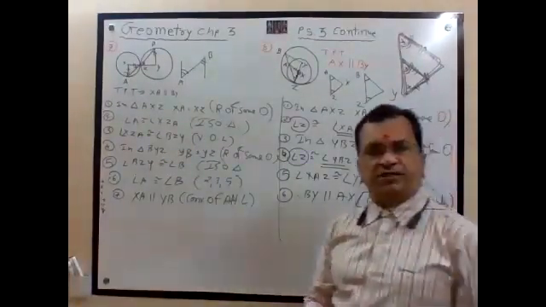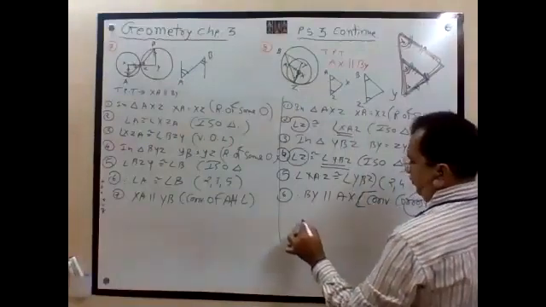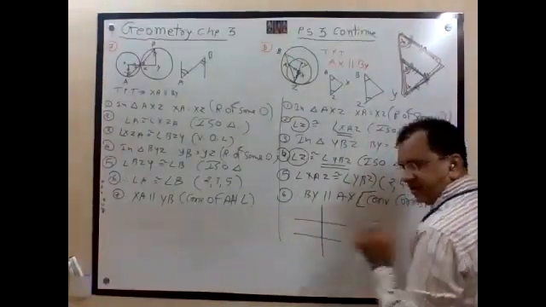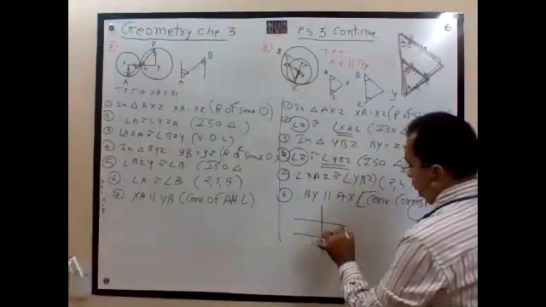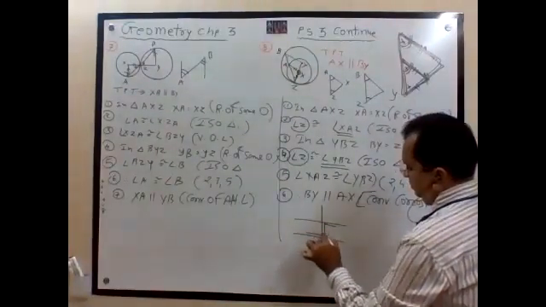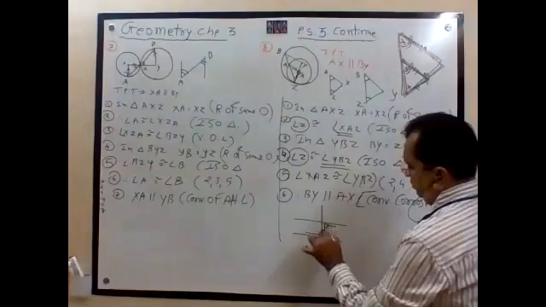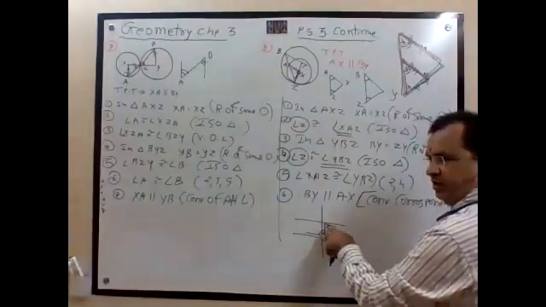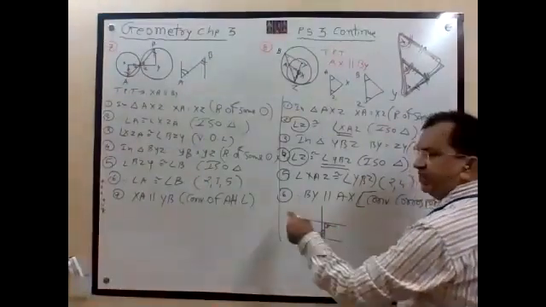Converse of corresponding. If two lines are parallel and one is intersecting, so this is a Z. So these two are equal. If parallel, these two are equal. If these two are equal, it is parallel.